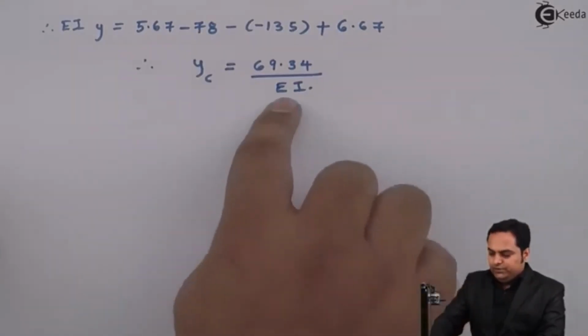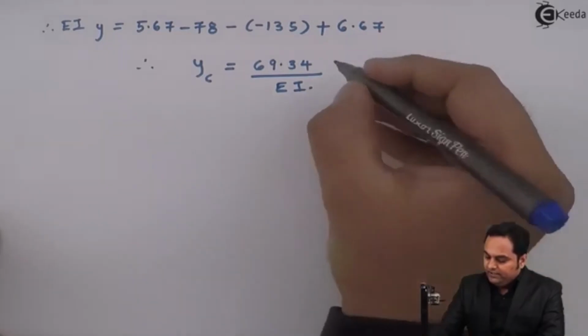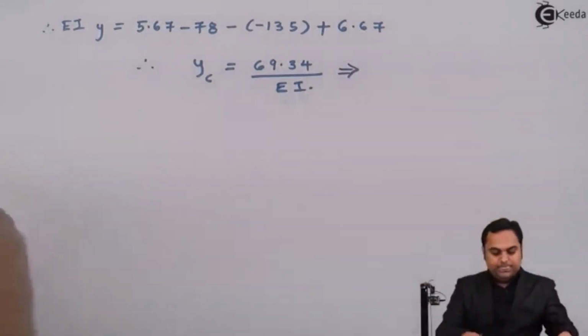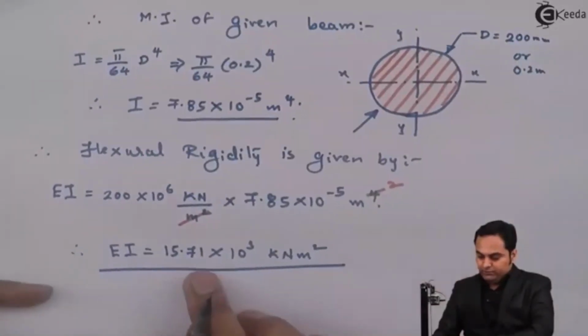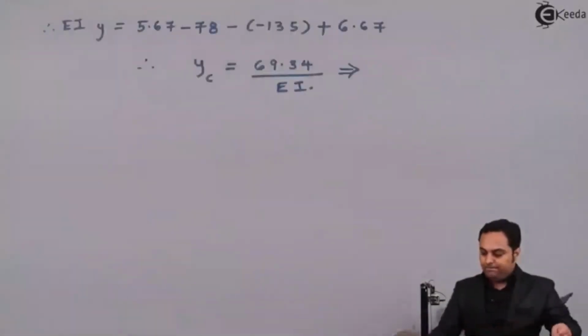So now here I'll put the value of EI because it is given in the problem. We have found out EI was 15.71 into 10 raised to 3.